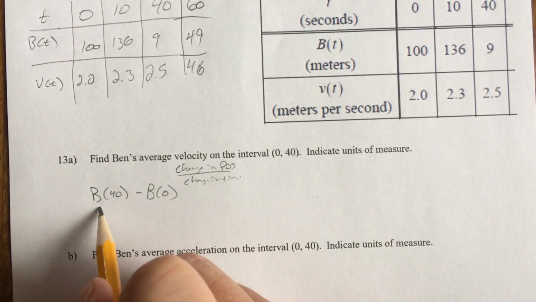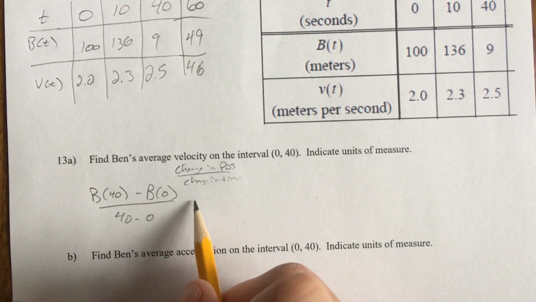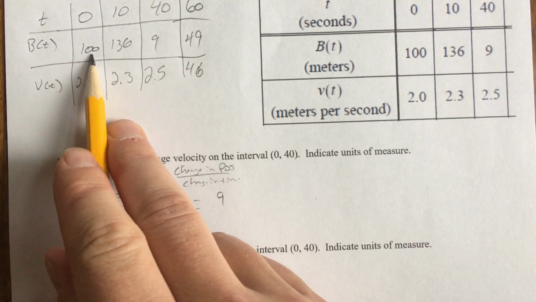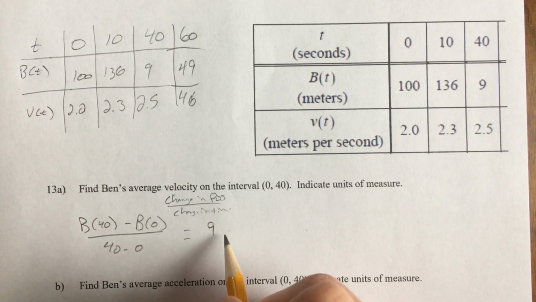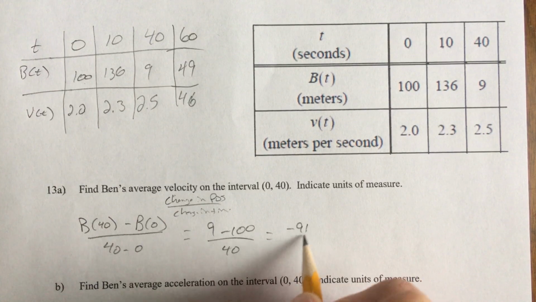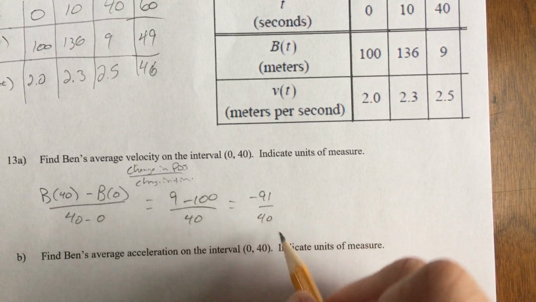That'll be the change in position, and I want to do that over the change in time, the 40 seconds it took. So his position at 40 was 9. His position at 0 was 100. And so I end up with negative 91/40ths, and I don't have to reduce that. I can leave it like that.